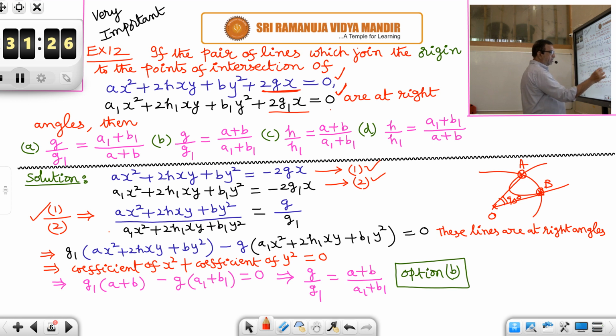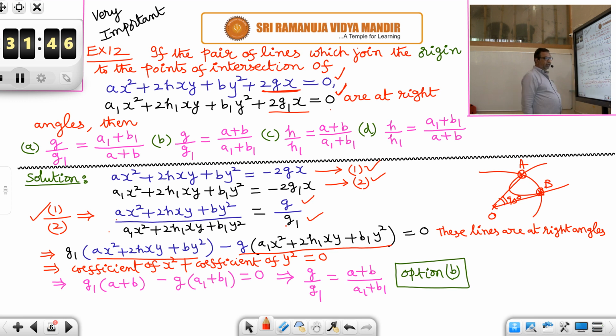Minus 2x gets cancelled, you simply get g by g1. Now cross multiply and take all the terms to the left side. So g1 into this blue bracket is equal to right side you will get g into the black bracket, but it is taken to the left side, so you will get it like this.